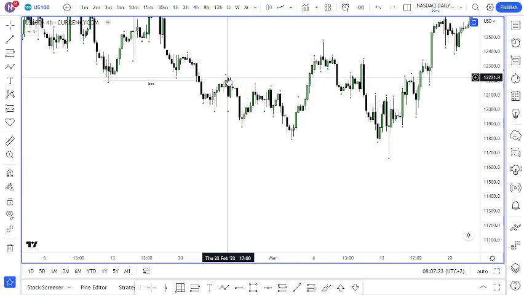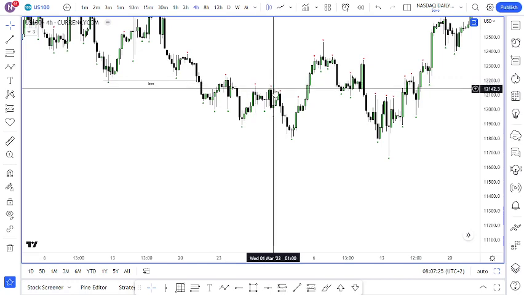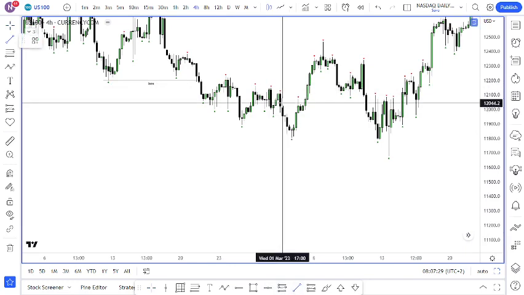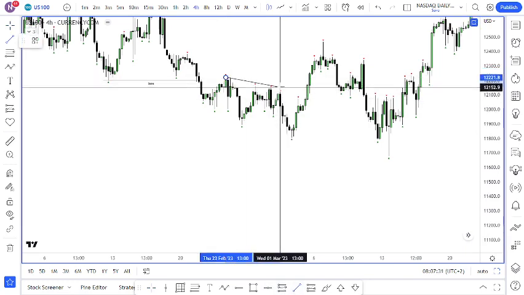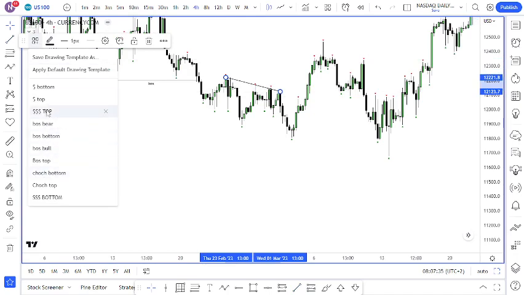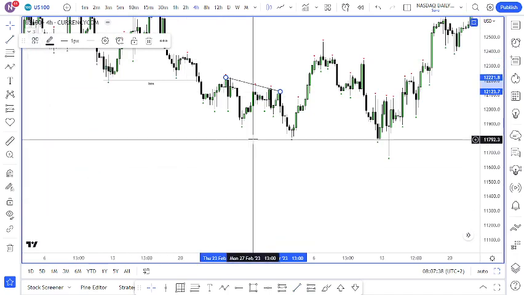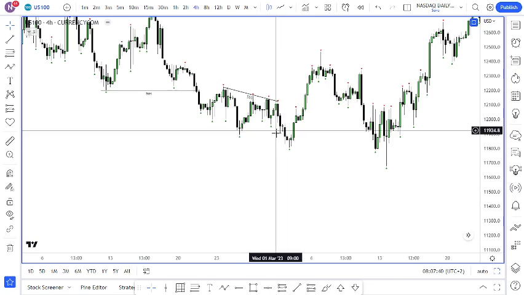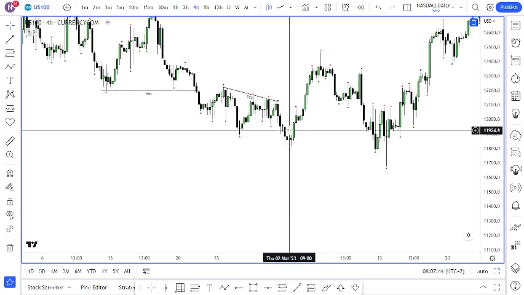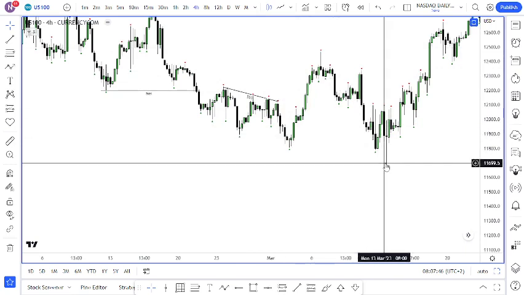Firstly, we have this high and lower high, lower high, lower high. So we have a nice trend line that is forming here. And we're looking at this from the perspective that price is still down here, and we're potentially looking for it to trade up, for it to continue down.